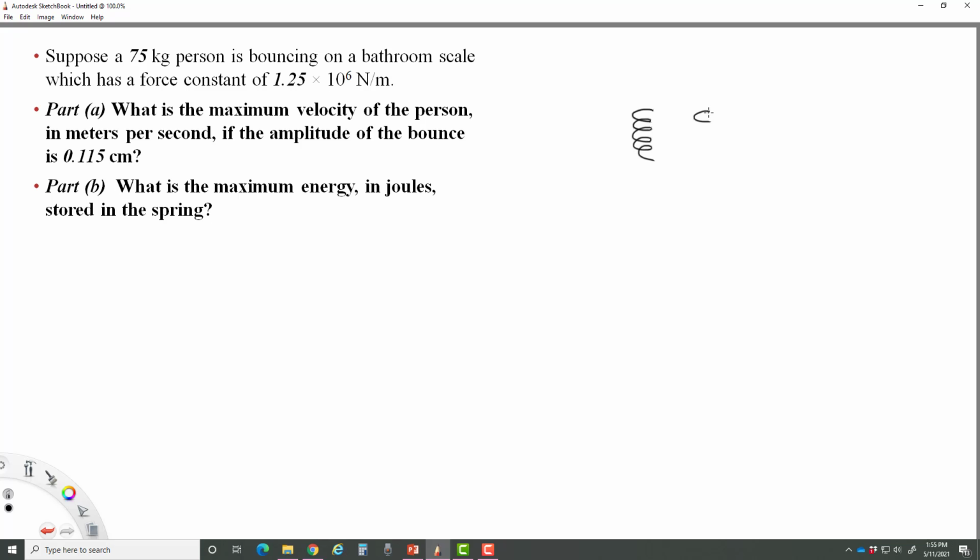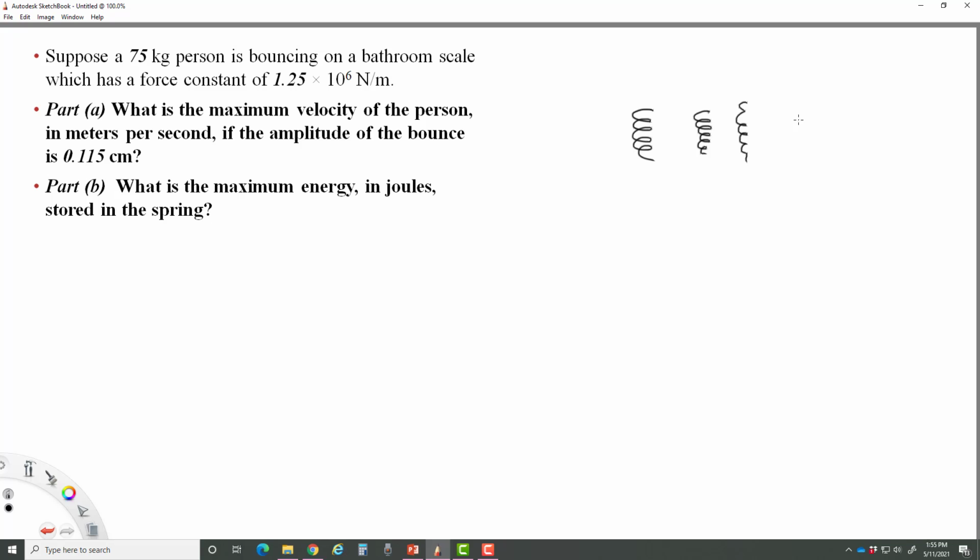It's bouncing up and down. Okay, it's compressed and then it's elongated or extended. So here, to find the maximum velocity, we want to use conservation of energy.